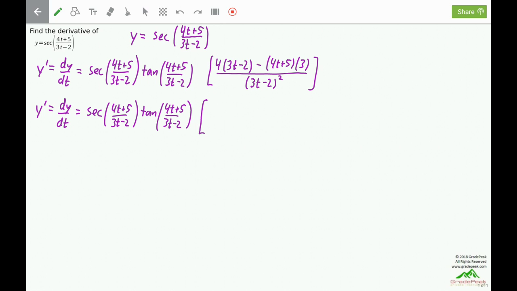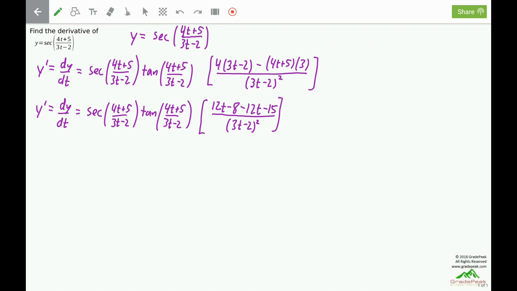That will be 12t minus 8. And we can distribute the negative 3 into here. That will be a negative 12t, and then minus 15. All of this will be over the denominator 3t minus 2 squared, which we won't do anything with.